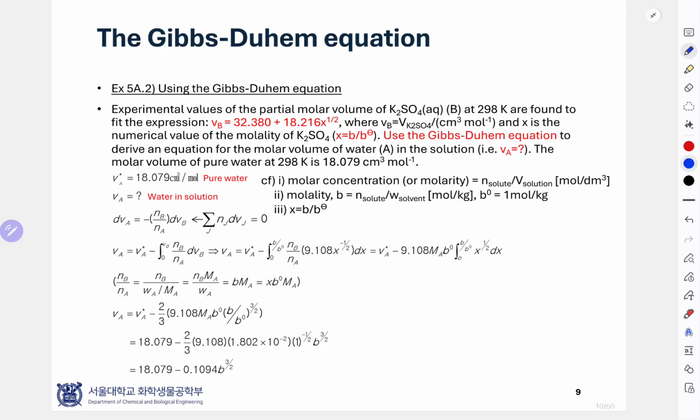And the example says, use the Gibbs-Duhem equation to derive an equation for the molar volume of water in the solution, to get what is VA.